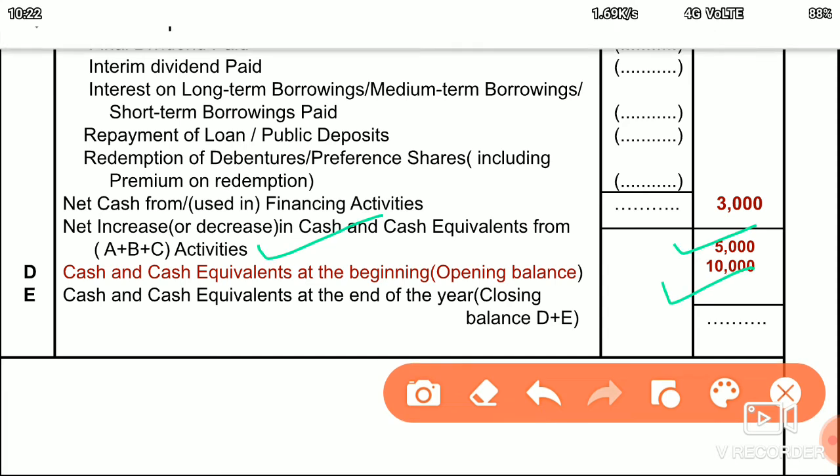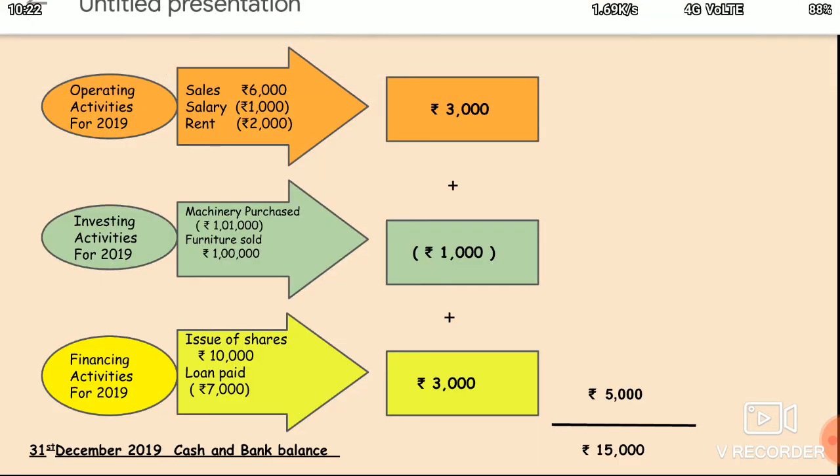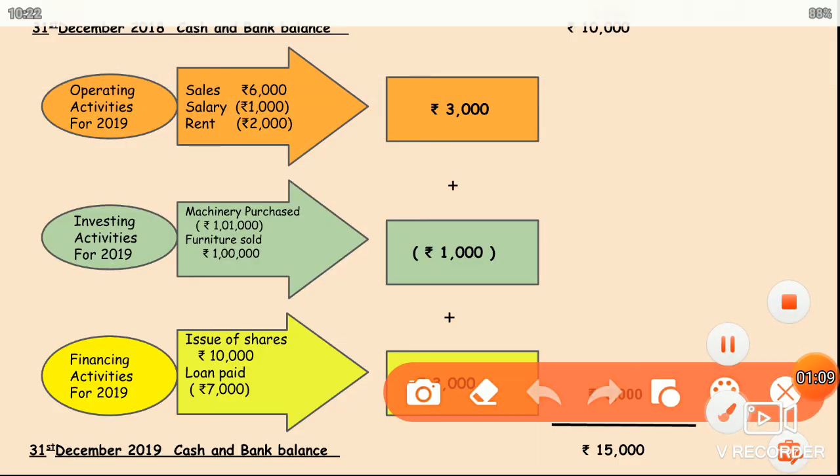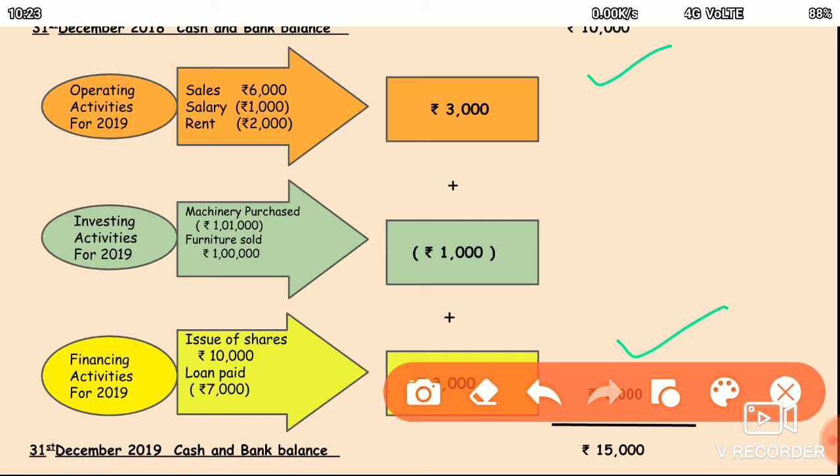After adding 10,000, which is the opening balance of cash, and adding 5,000, which is the net increase for the year 2019, the closing balance of rupees 15,000 is found.